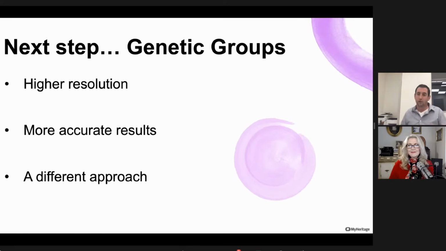When we tried to look for special characteristics that would help us differentiate between Danish people and Swedish people, it was too difficult. The genetics looked just too similar, and it was really problematic to separate them based on the technologies and algorithms that we had in place for the ethnicity estimate.